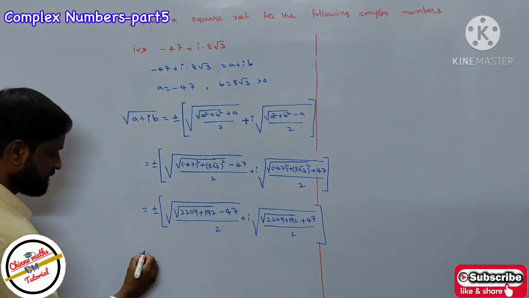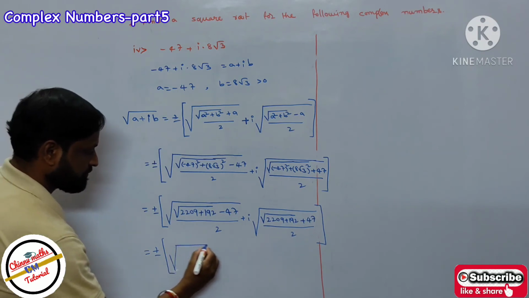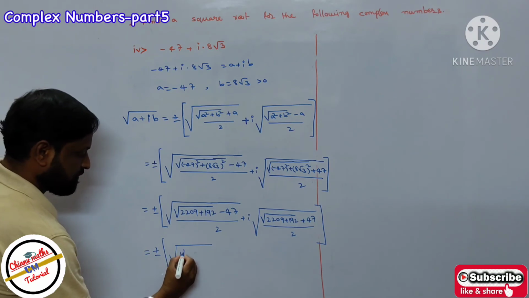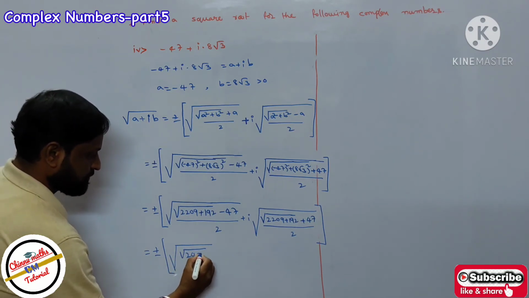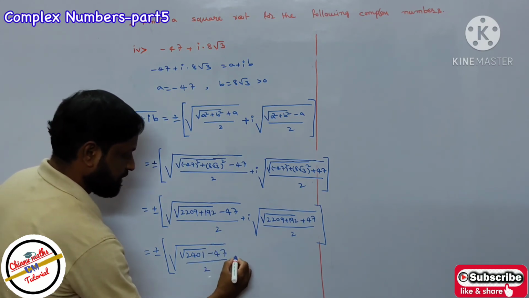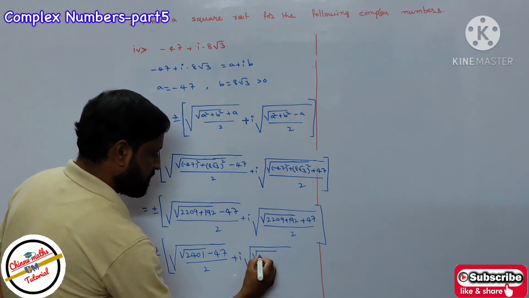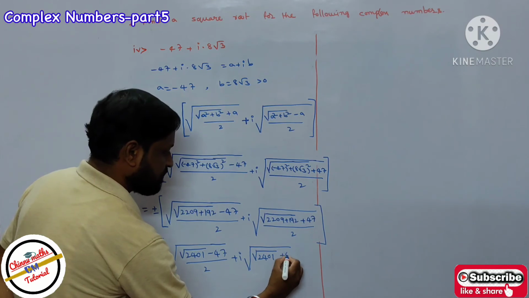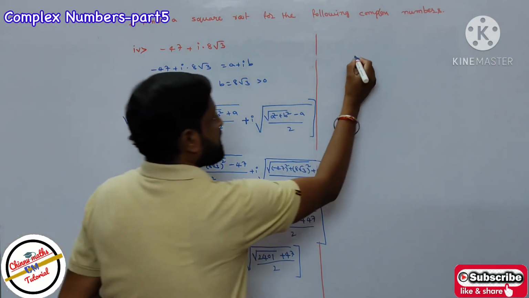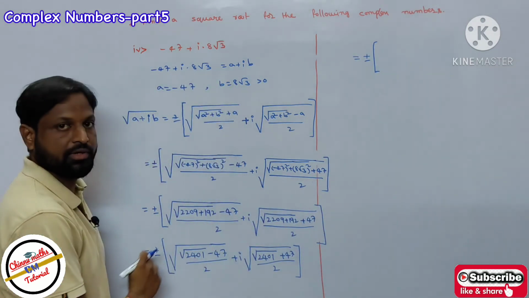Okay, it is equal to plus or minus the square root of 2209 plus 192, which equals the square root of 2401, minus 47 by 2, plus i into the square root of the same value, 2401 plus 47 by 2.